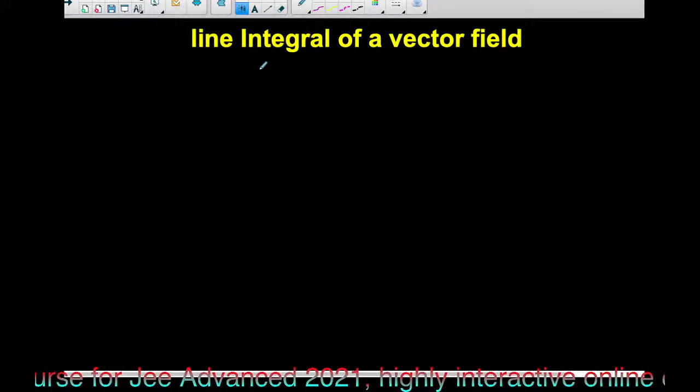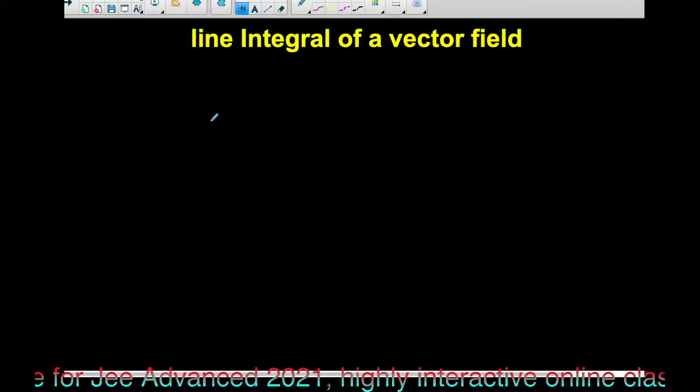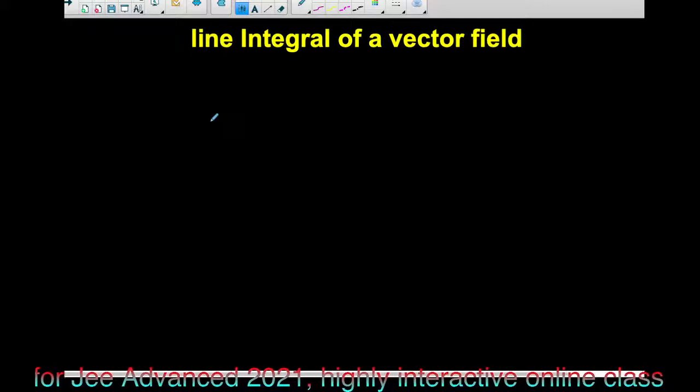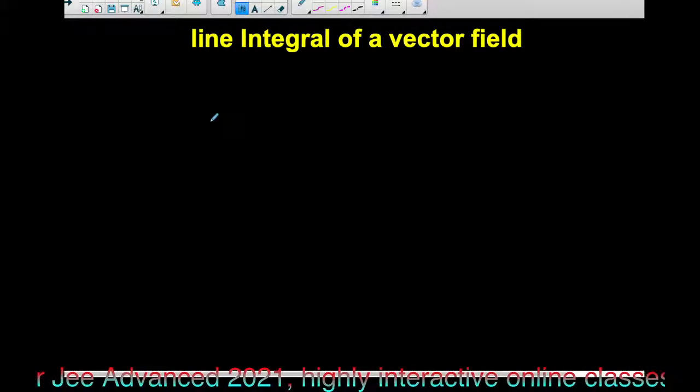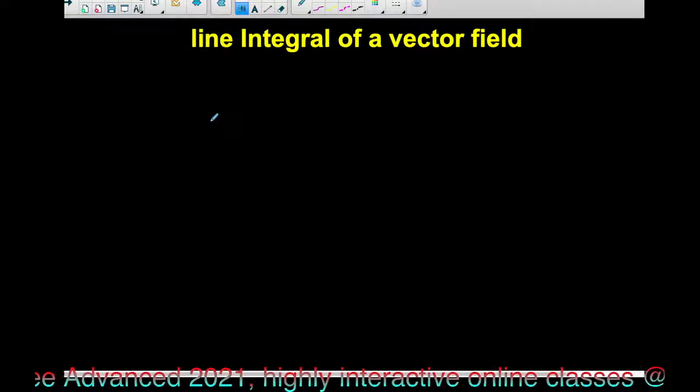For this, we have to consider this concept, which we discussed in the last lectures.